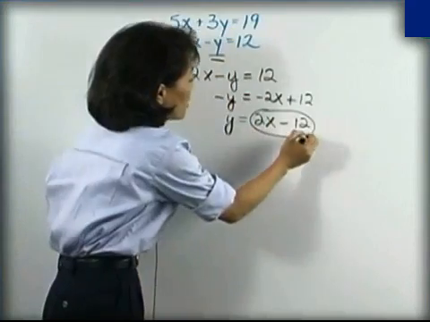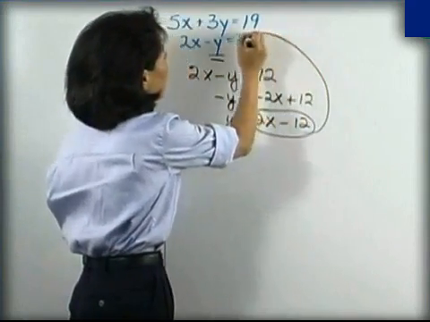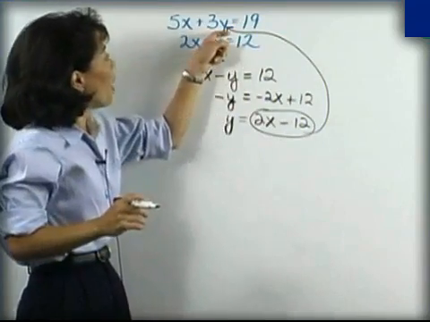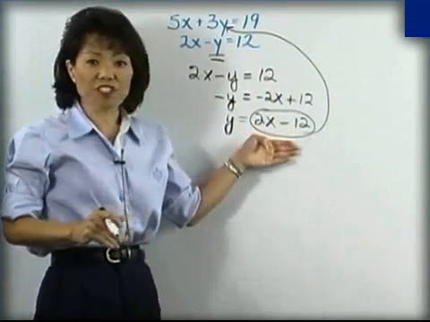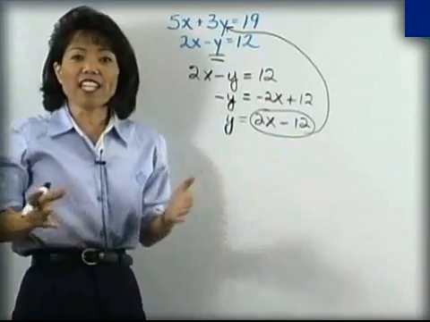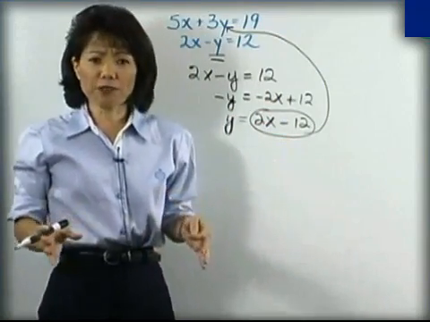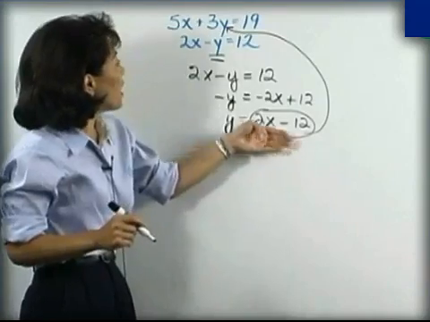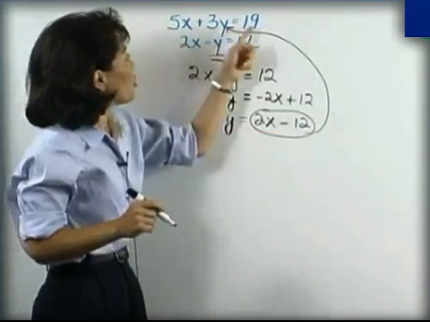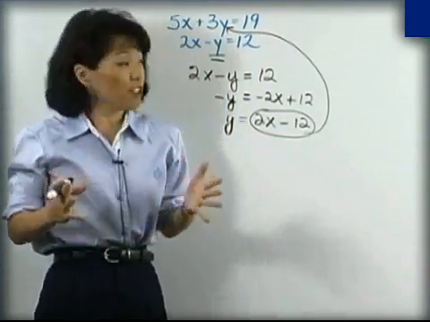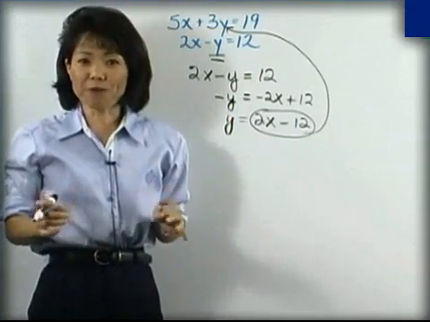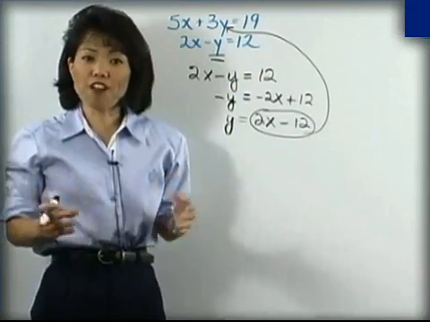In other words, I'm going to go up to that top equation, and in place of y, I'm going to write the expression 2x minus 12. Now you may be asking yourself, why are you doing that? Well, once I make this substitution for y, this first equation will be in terms of x only. Since I only have one variable x, I'll be able to solve for x.